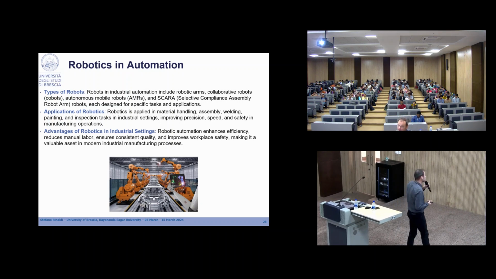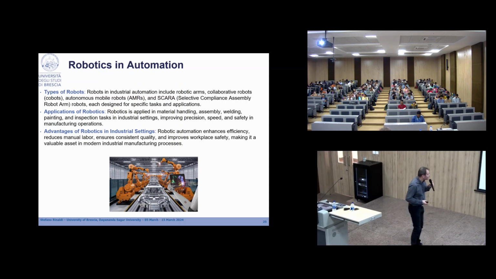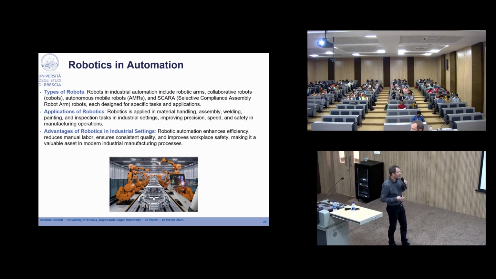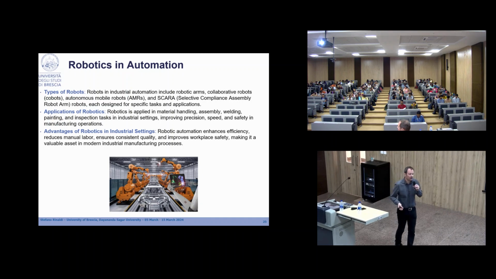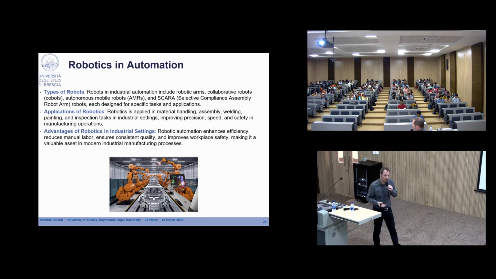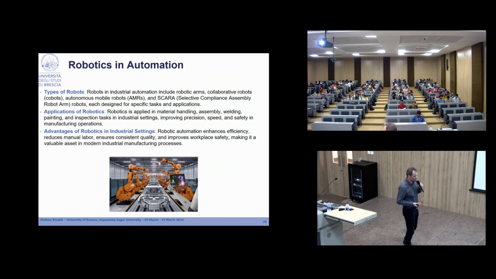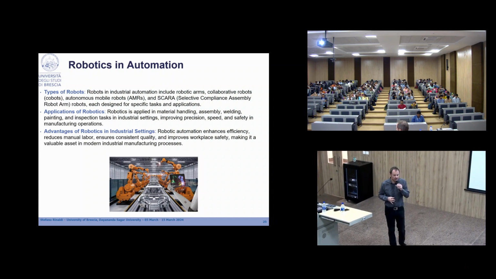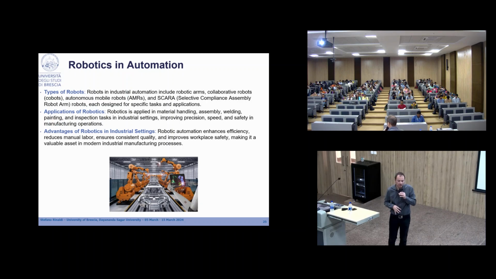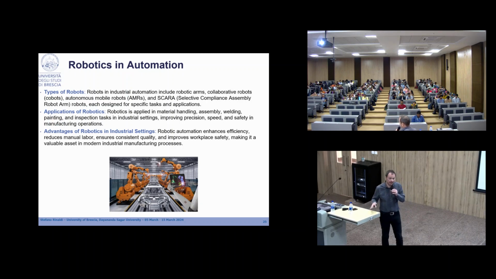Different types of robots are available, like robotic arms, cobots, the collaborative robots, autonomous mobile robots, and so on. Each different type of robot we have in industrial plants is used for different applications.